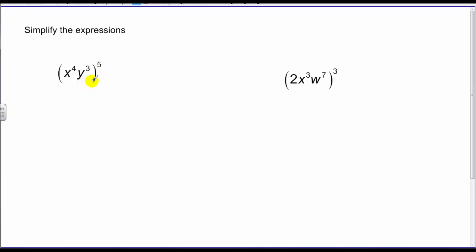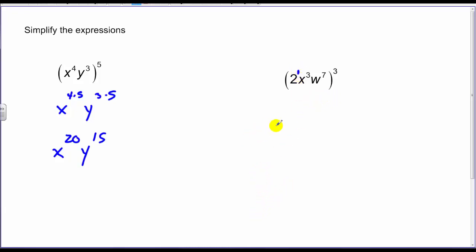In this case, you'll notice that I have bases with powers raised to a power, so I'm going to take and multiply those powers. So this is same base, 4 times 5 power, same base, 3 times 5 power, or x to the 20th and y to the 15th. Now in this case, this 2 does not have a power associated with it, but it's an unwritten 1.